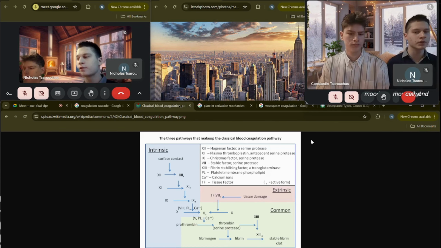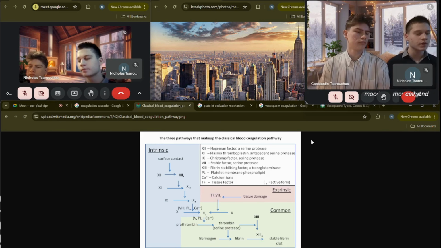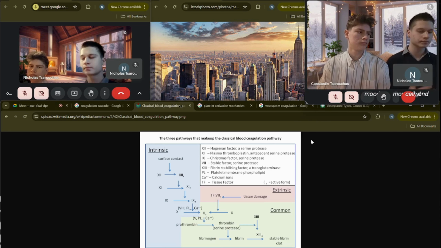If you have a hypercoagulable state, or a person with a predisposition from either a clinical or a genetic standpoint, it's important to control the coagulation so you don't have excessive clotting. Especially in things like atherosclerosis, you don't want thrombus formation on your plaques.